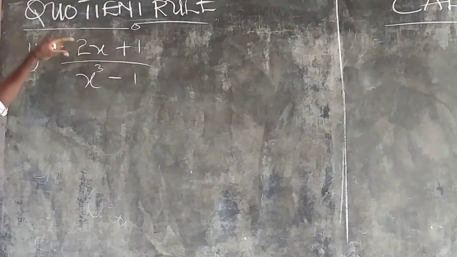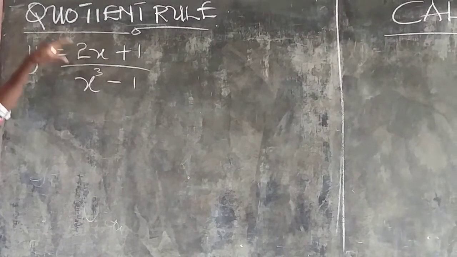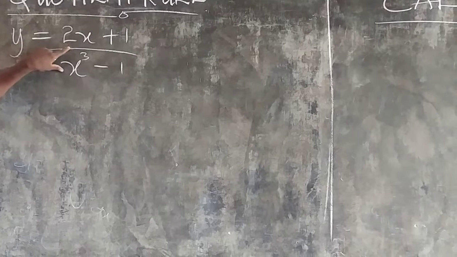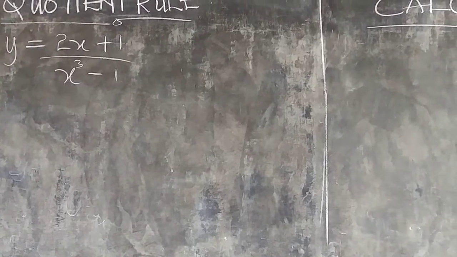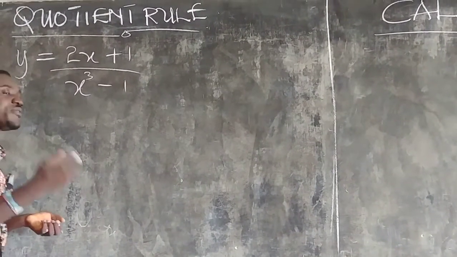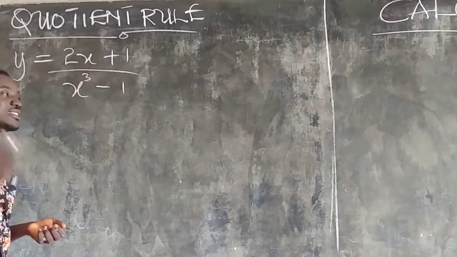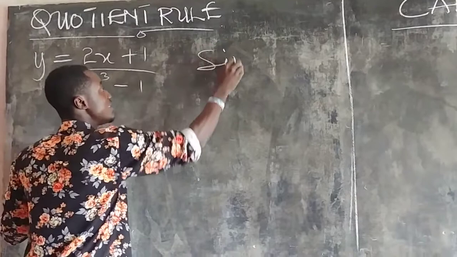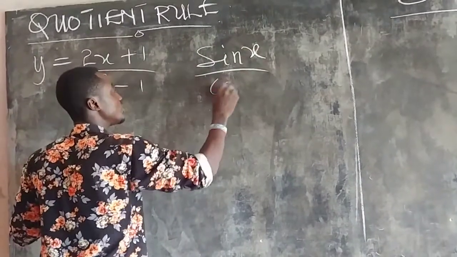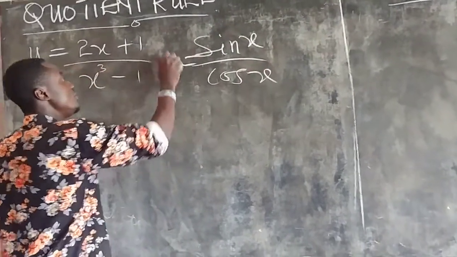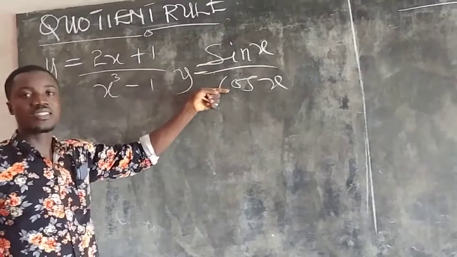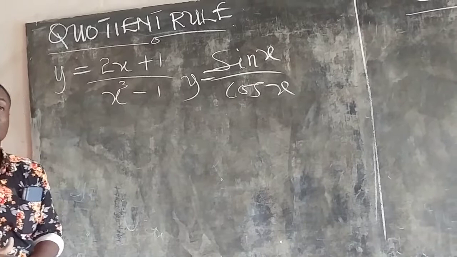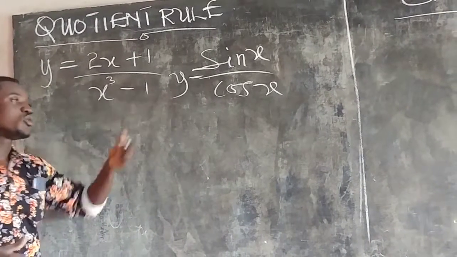Or whenever you are being asked to differentiate trigonometric ratios, for example, if y is equal to sin x over cos x, what you have to use is the quotient rule.